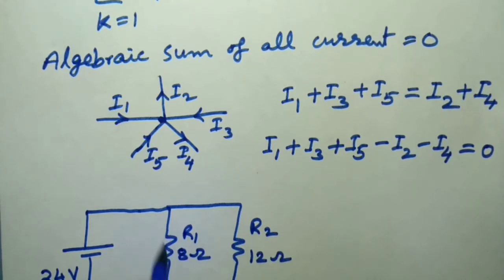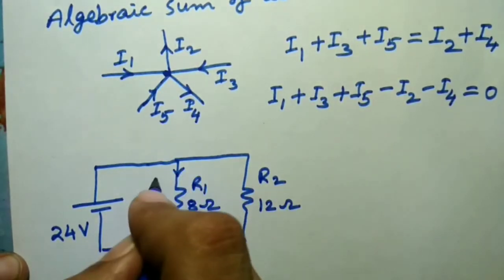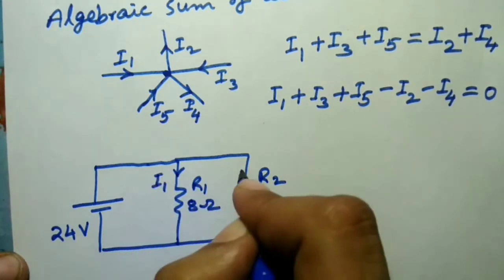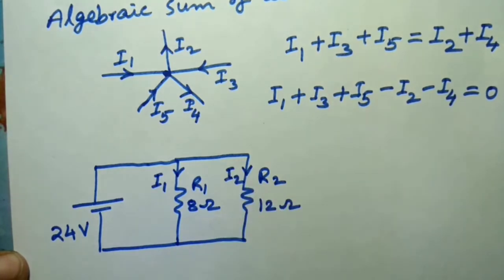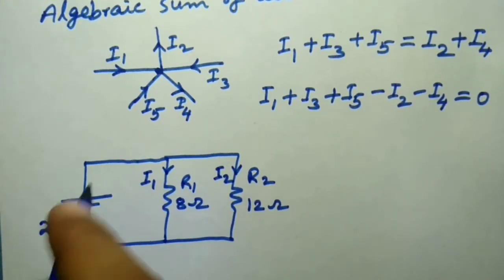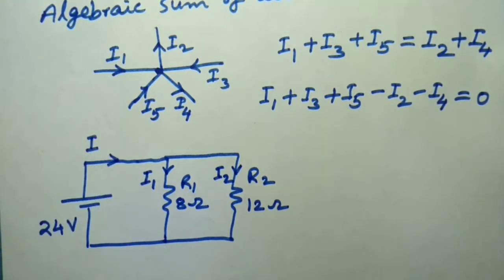The current passing through R1 is taken as I1, and the current in R2 is taken as I2. And the total current from the source is considered as I.